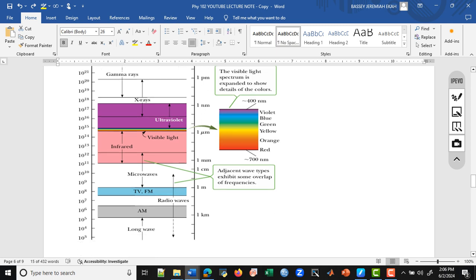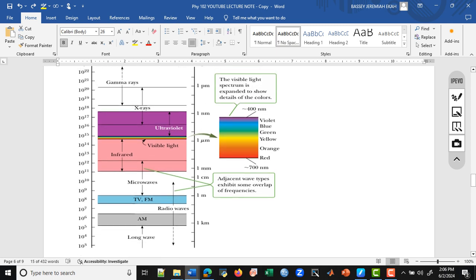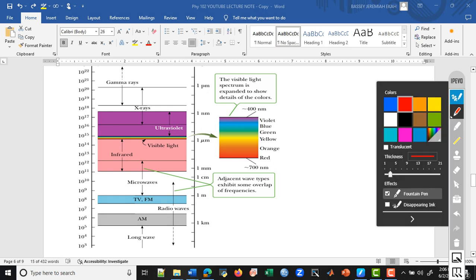So you can see here that we have short frequency here, and long frequency. So if we are listing them, we'll start from the lowest here. So for the components, we'll start for the first component.